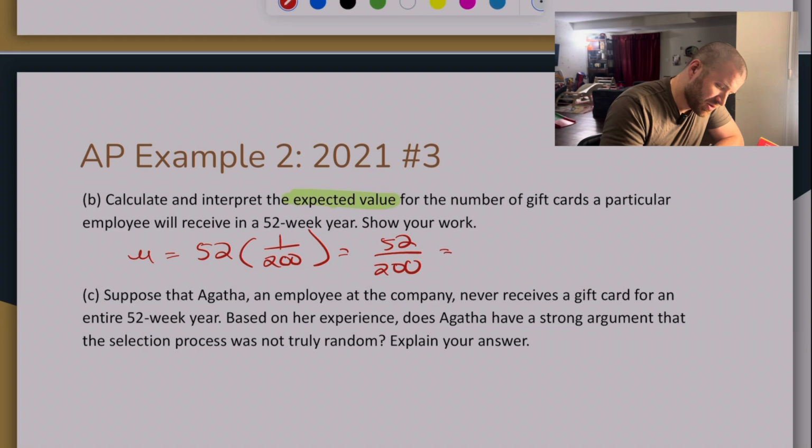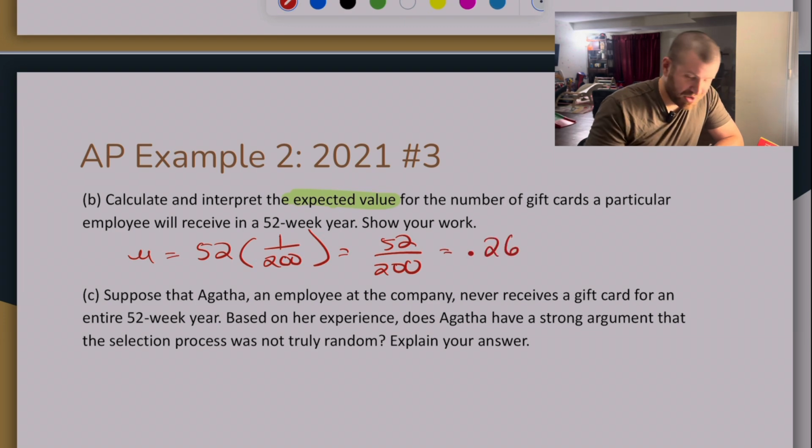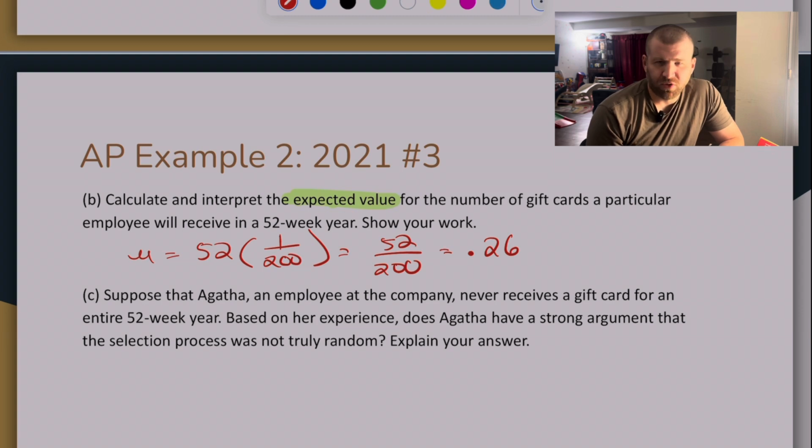Which is 0.26. I know that one for sure. Now, the interpretation of that is that each year an employee would expect to receive a quarter of a gift card. Or in the long run, I would expect on average each employee to receive 0.26 gift cards per year.